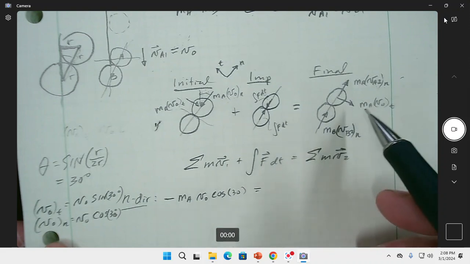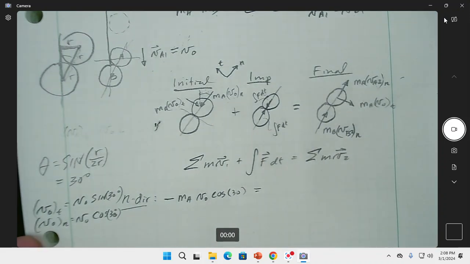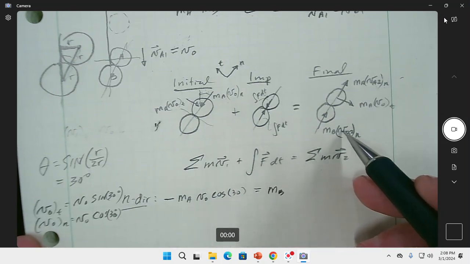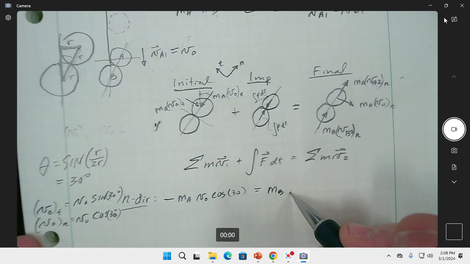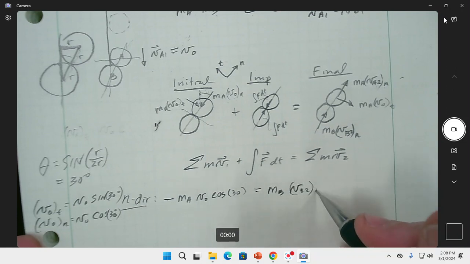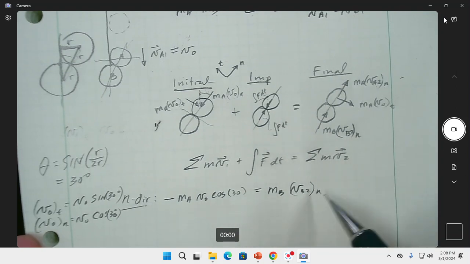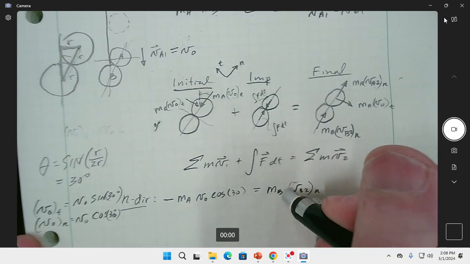It's going to be equal to m B times V B2. So it's actually the entirety of V B2, so I could have left the normal off. I will leave it off.